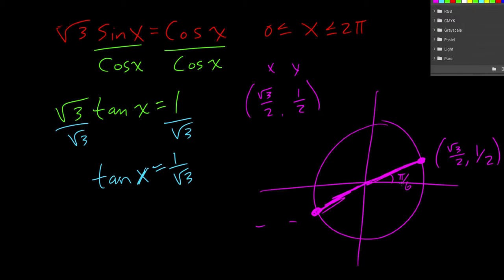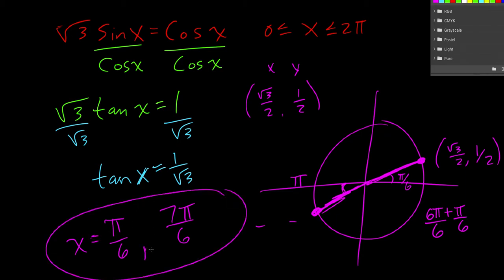So we get pi/6. We also get pi plus pi/6. So that's 6 over 6. So that's 7 pi/6 and pi/6. So that's it on that one.